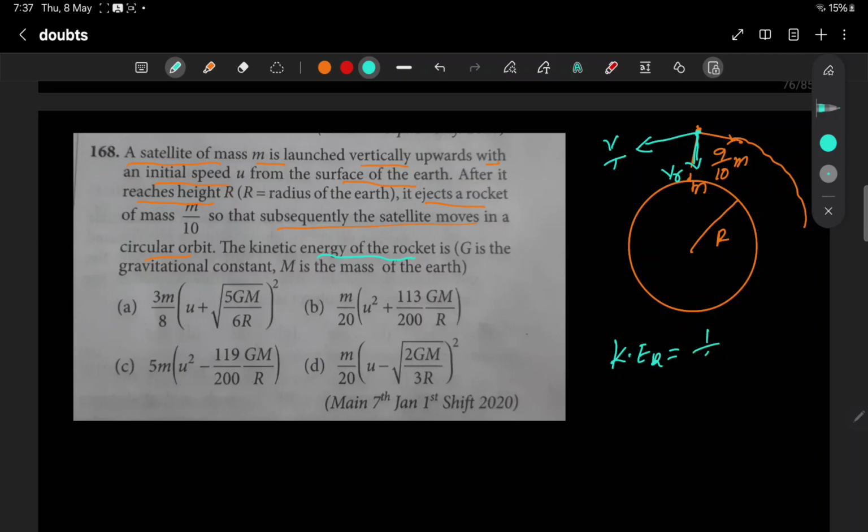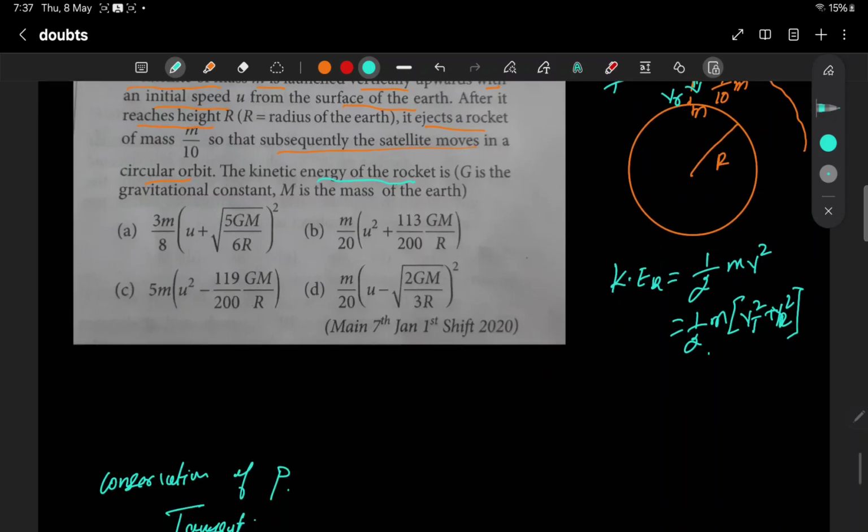This is half mv square, but this v is your tangential component plus your radial component. Maybe this is where you missed it. So the tangential component and the radial component we have to find separately.